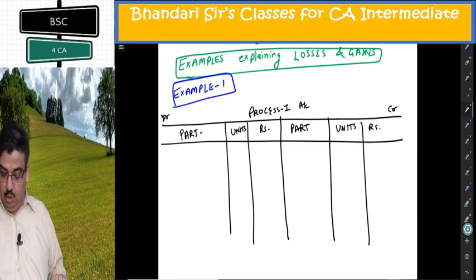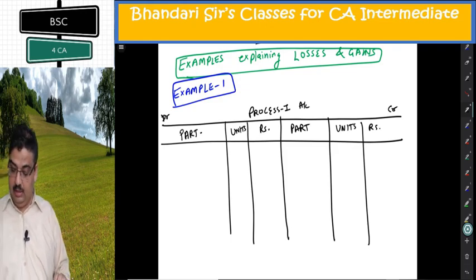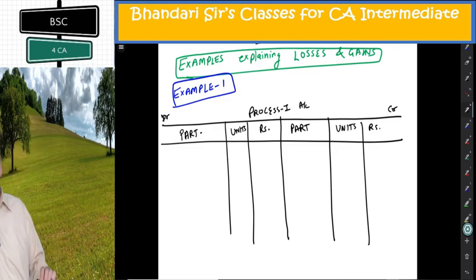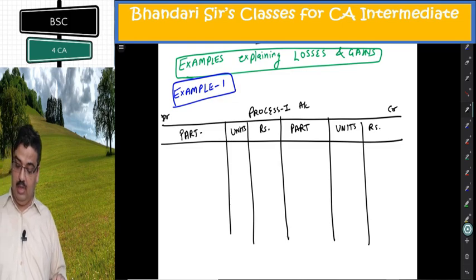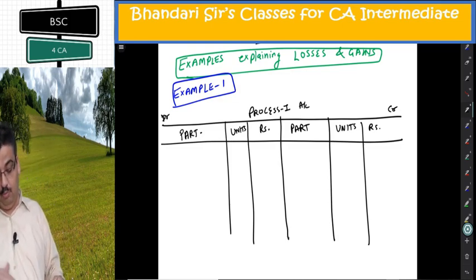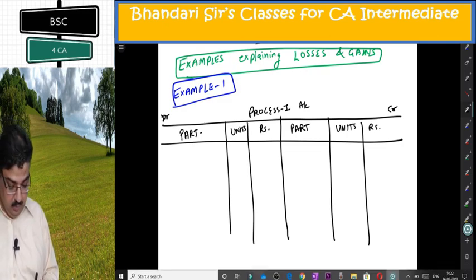Material issued to process amounted to 40,000, wages 30,000, manufacturing overhead 27,000. Normal loss was 5% of input. 4750 units were produced and there was input of 5,000 units. Scrap has no realizable value. So we want to now compute everything in this valued cost and everything.